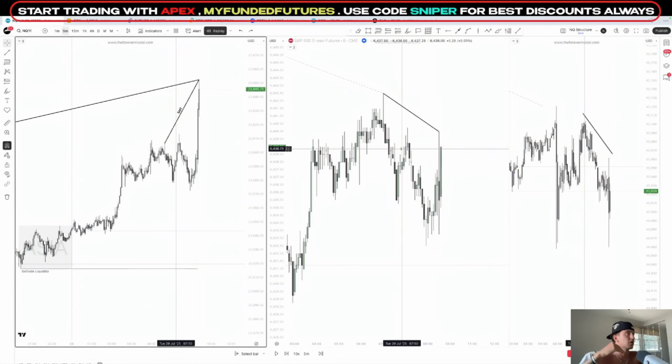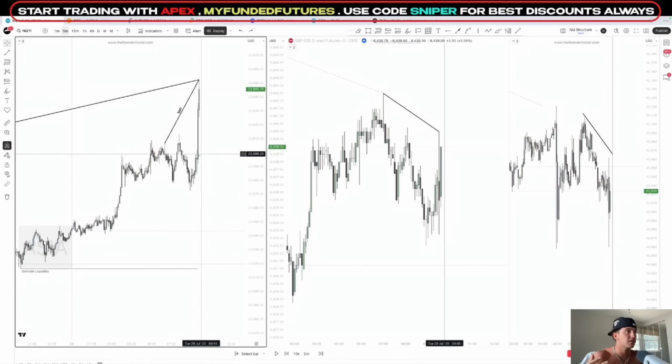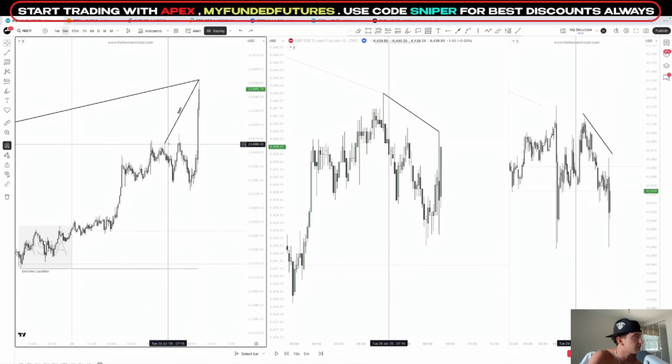The S&P 500 will be kind of chopped around price, while NASDAQ will have cleaner delivery, even though it ends up being, let's say, the stronger pair in this case.